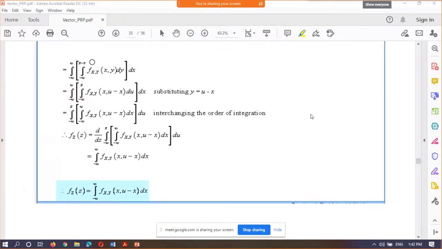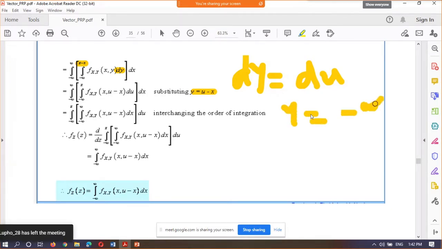For this z minus x, we now use the transformation y equals u minus x. Because we are integrating with respect to y, your dy is actually du. When y equals minus infinity, u is also minus infinity.